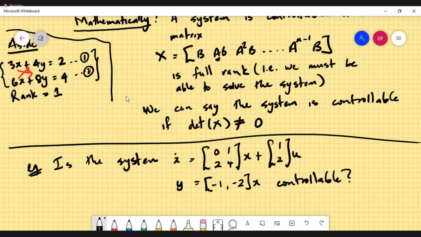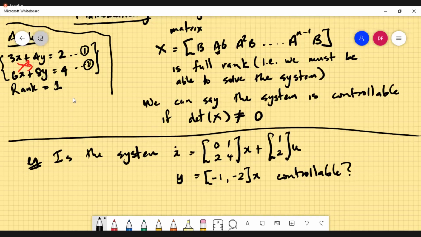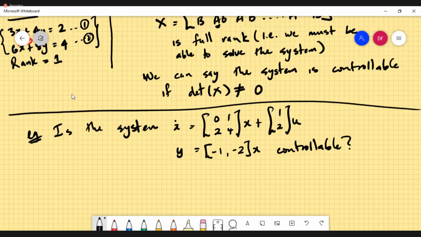So we want to find out if this system is controllable. So we're going to form the matrix X. Let's write down first of all what A is and what B is.